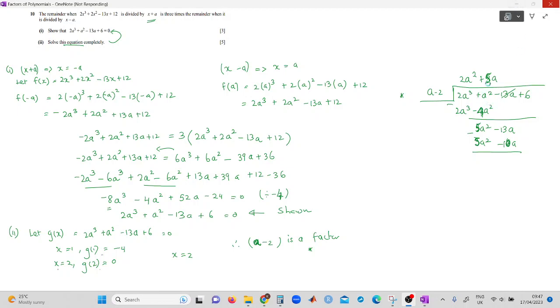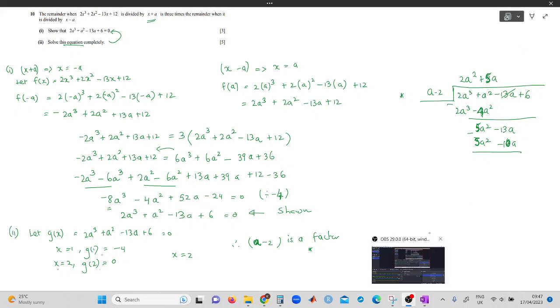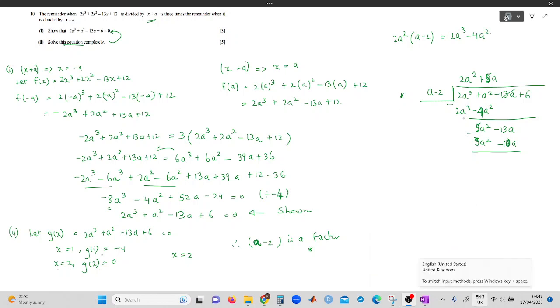Okay. So here 2a cubed divided by a gives me 2a squared. When I multiply back, this 2a squared multiplied by a minus 2 will give me 2a cubed minus 4a squared. As you can see, it's here.